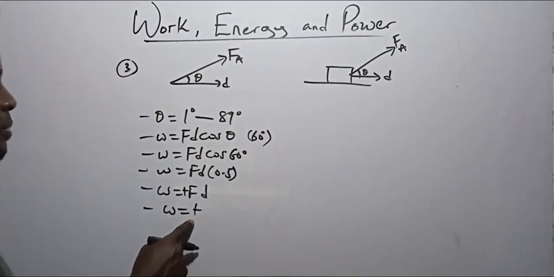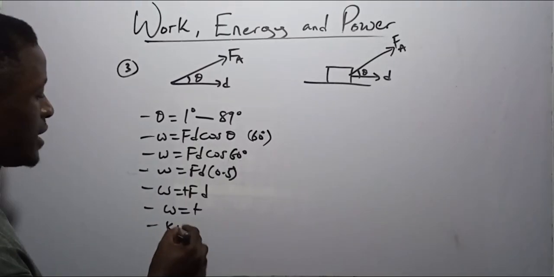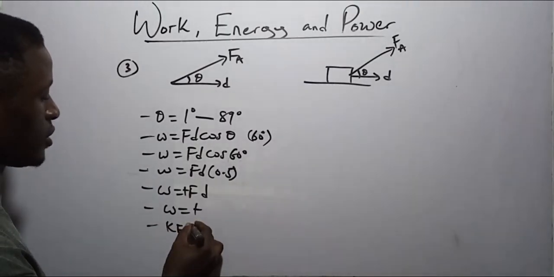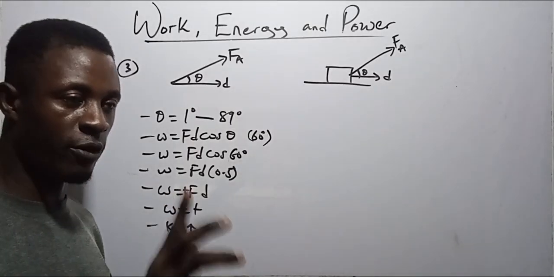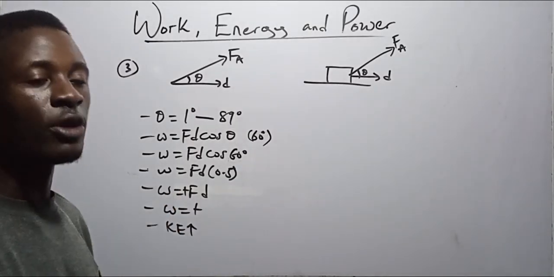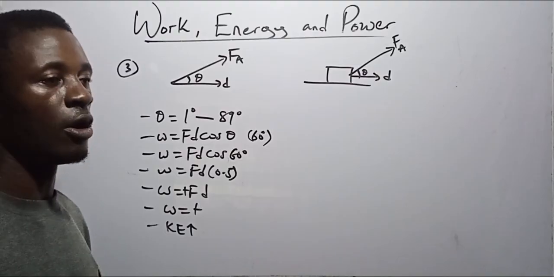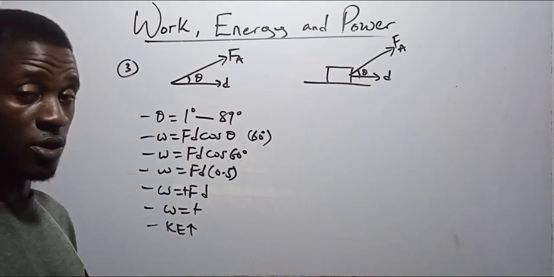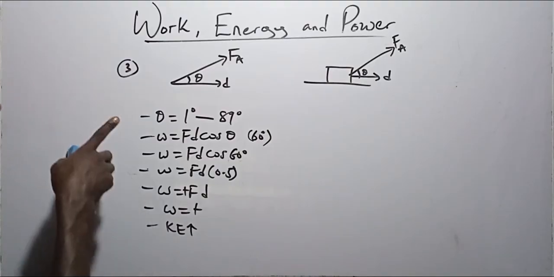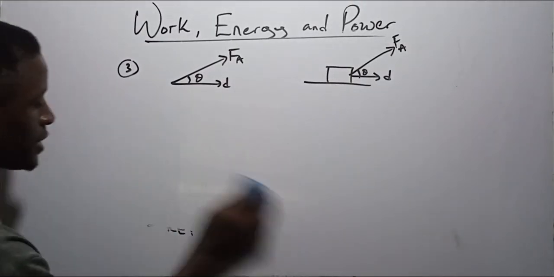So it's going to still be positive work, and the kinetic energy also is going to increase. Anytime a force is doing a positive work, it is going to increase the speed of that object, or increase the kinetic energy of that object. So that is that for this particular case. This is case number 3. Let us check the next case.